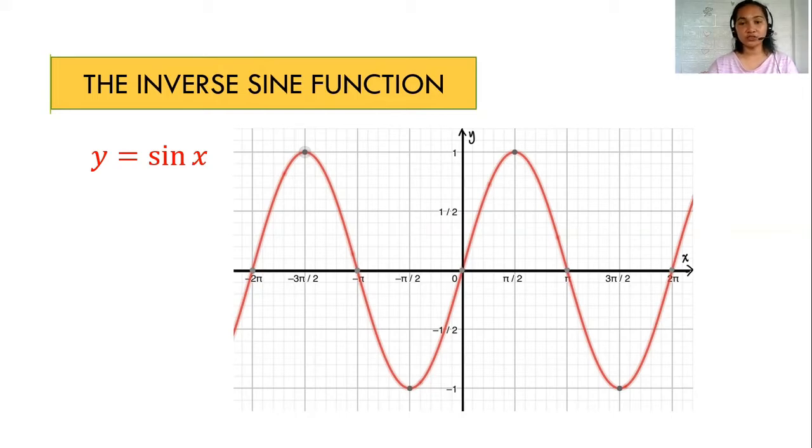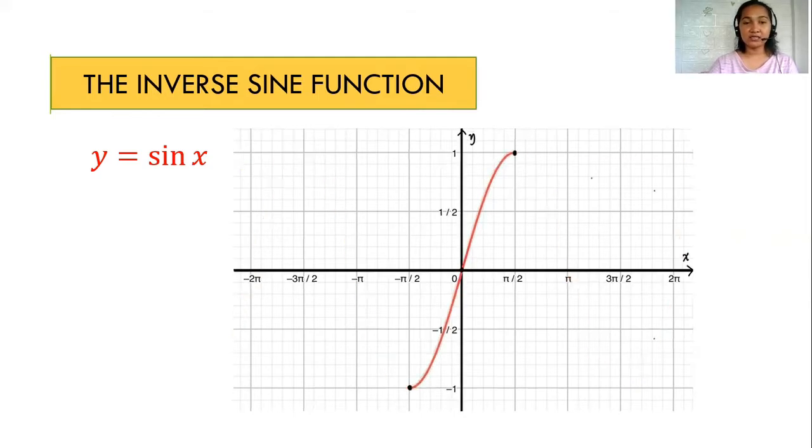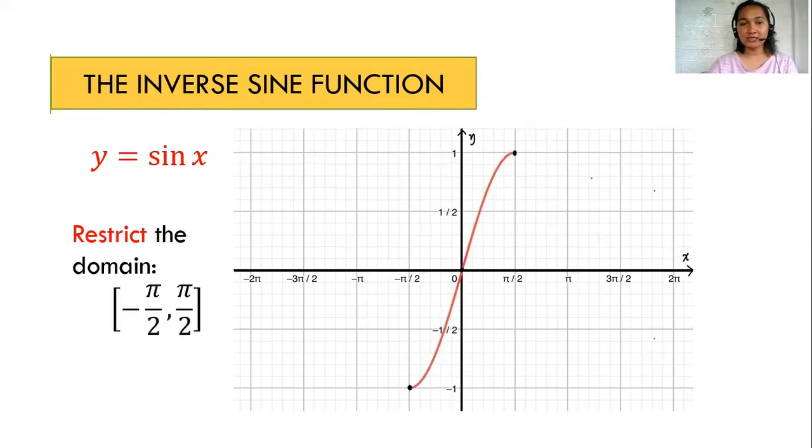Also, a function must pass the horizontal line test to have an inverse function. But based on this illustration, the sine function is not one-to-one, right? So with this, we will restrict the domain of this sine function from negative half pi to positive half pi, and that is the only way for us to verify that this is now a one-to-one function.